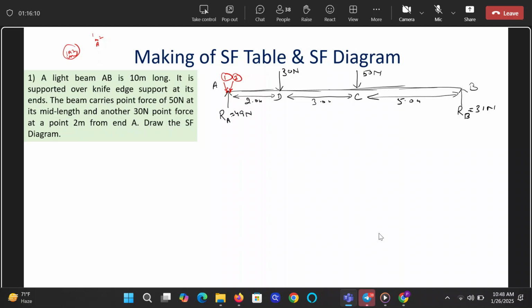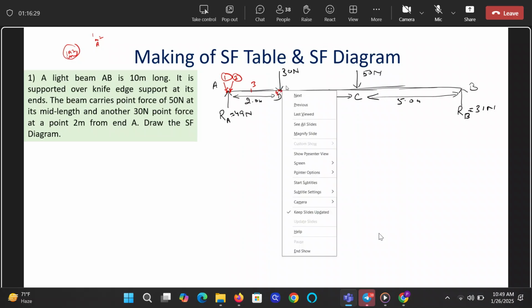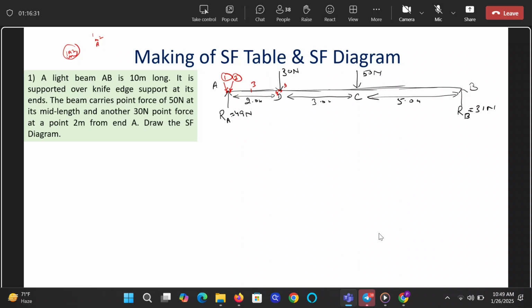Is that clear, beta? Understood? Okay. Then I'm taking some point 3 anywhere. It can be anywhere along the length between AD. Then likewise, I'm taking point 4 just to the left of D. I'm taking point 5 just to the right of D. That means point 4, point D, and point 5 are 3 adjacent points.